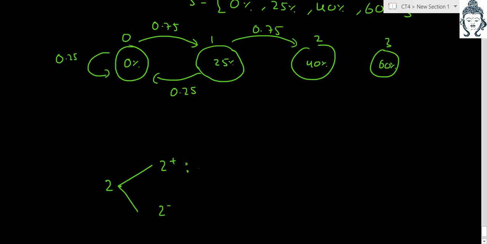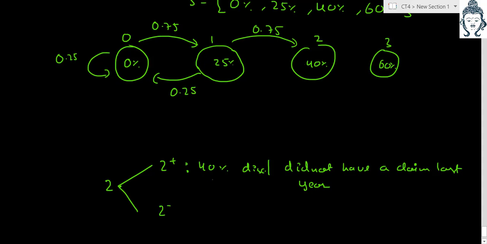2 plus means 40% level of discount given that this person did not have a claim last year. That is, he moved from 25% to 40% last year, and he is at 40% this year. So of course he would have moved from 25% to 40% last year.